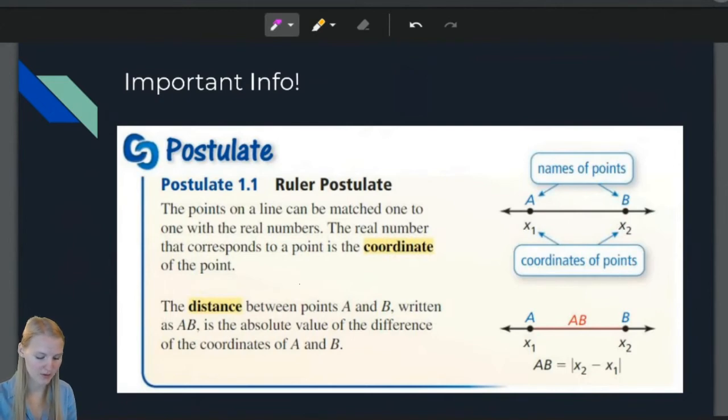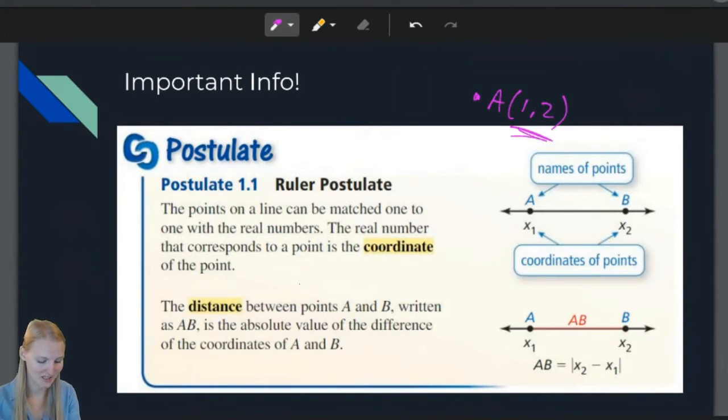The real number that corresponds to a point is the coordinate of that point. And you've seen coordinates on graphs before. That's where we have A is 1, 2. It means that point A is at these coordinates.